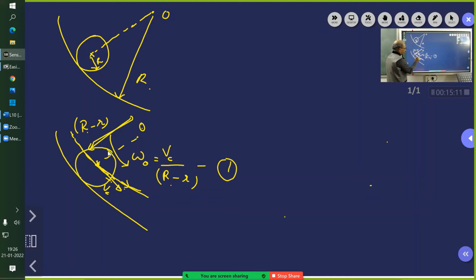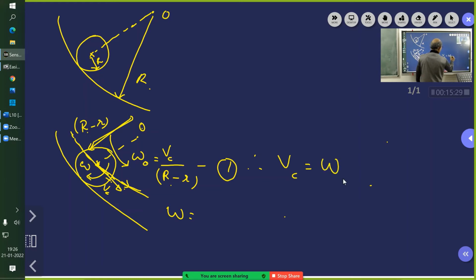Now make the other diagram. As you can see, this is rolling with a certain omega, and you have to find omega from this data. Now that you have found Vc, and omega naught, Vc will be equal to omega naught into R minus r.